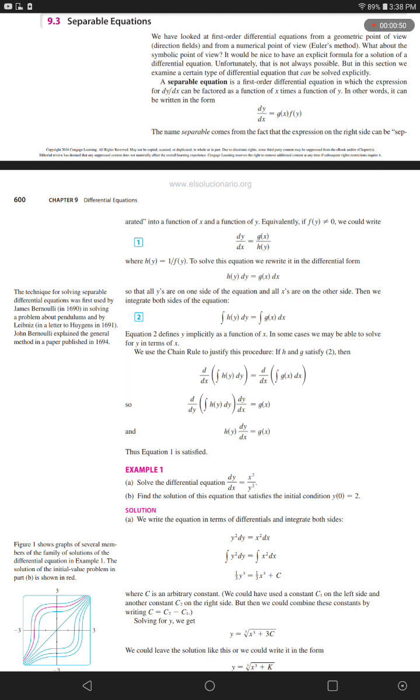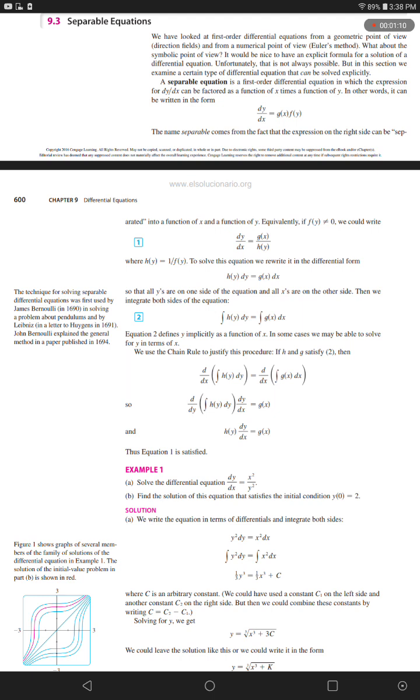A separable equation is a first-order differential equation in which the expression for the derivative of y with respect to x can be factored as a function of x times a function of y.